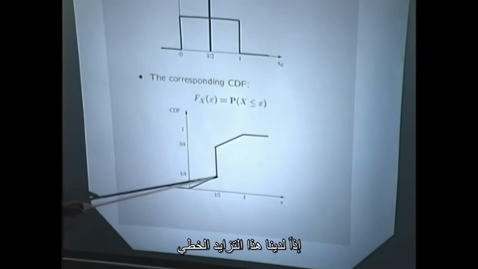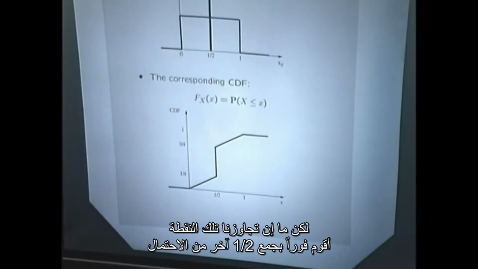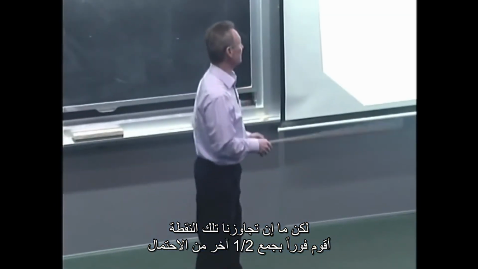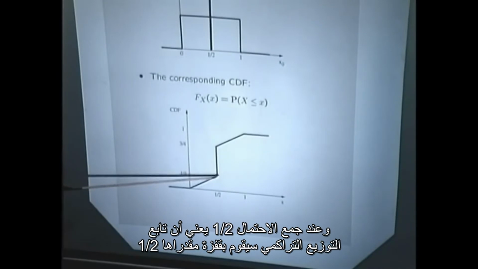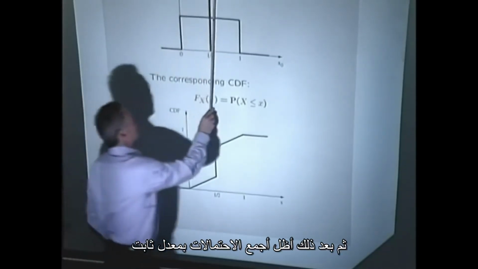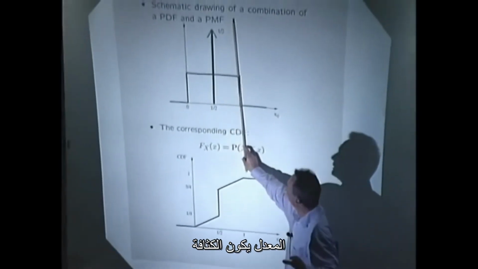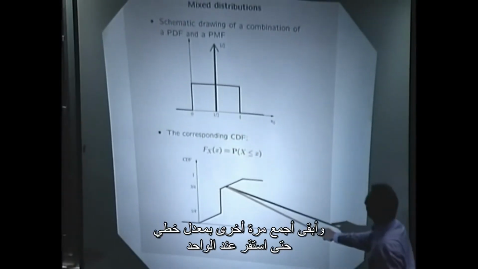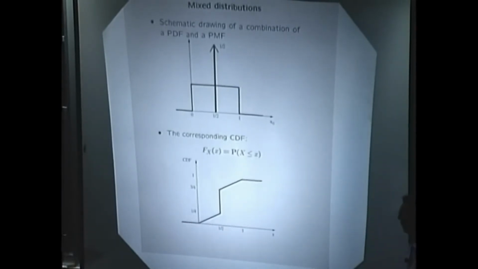So we get this linear increase. But as soon as I cross that point, I accumulate another half unit of probability instantly. And once I accumulate that 1/2 unit, it means that my CDF is going to have a jump of a half. And then afterwards, I still keep accumulating probability at a fixed rate, the rate being the density, and I keep accumulating again at a linear rate until I settle to 1.